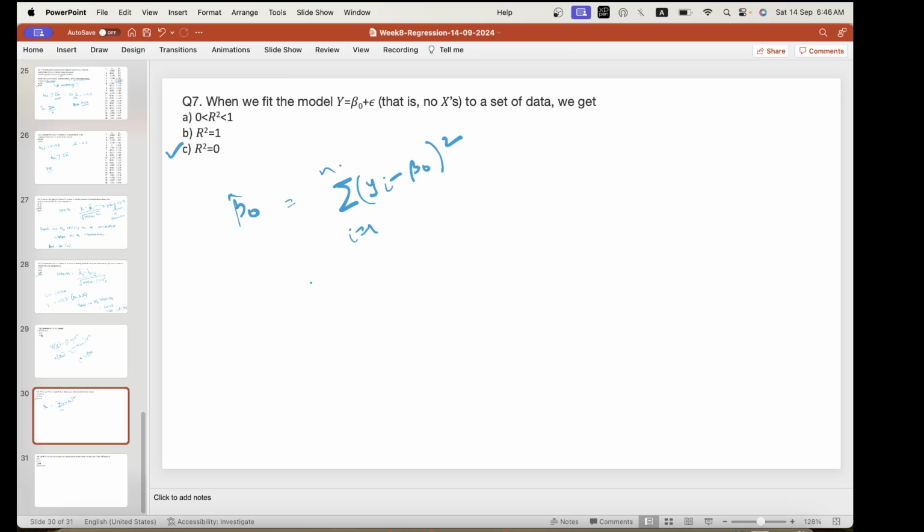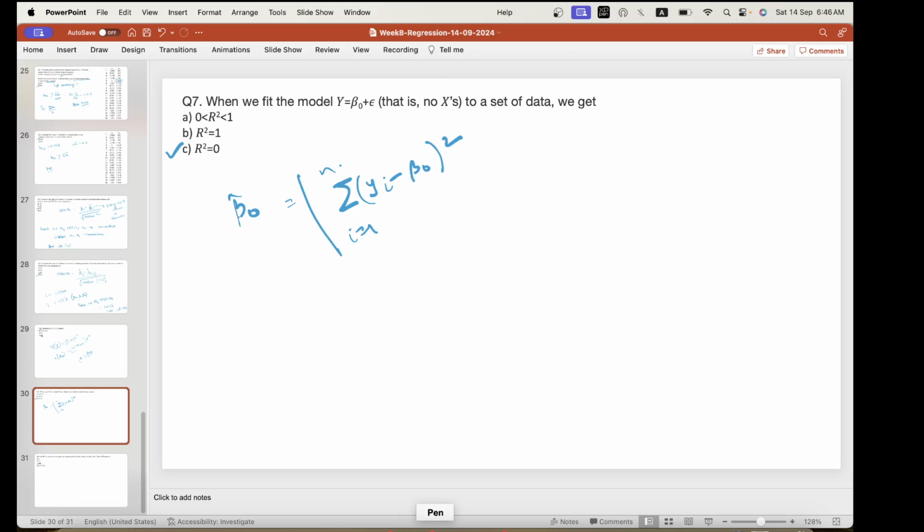This is actually the residual sum of squares, which we need to minimize in order to find out beta naught hat.